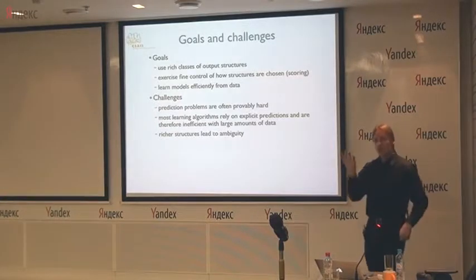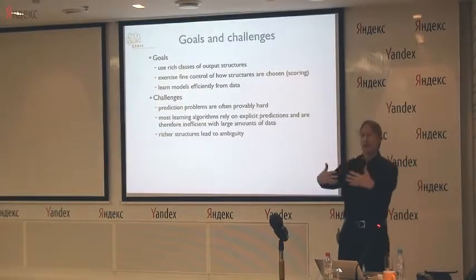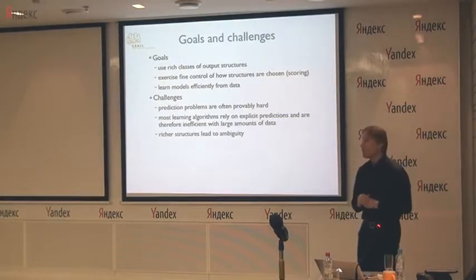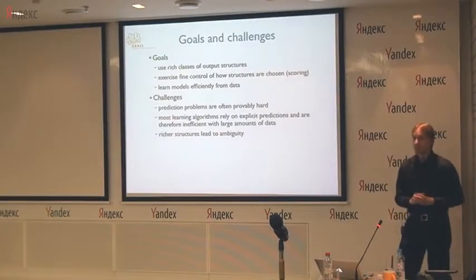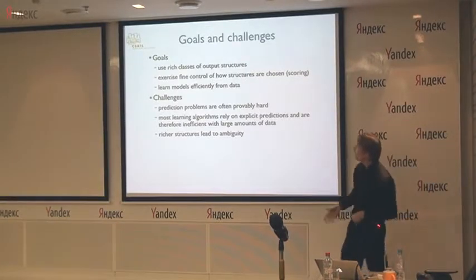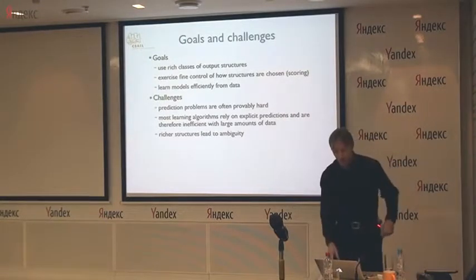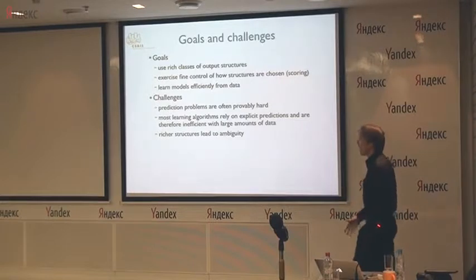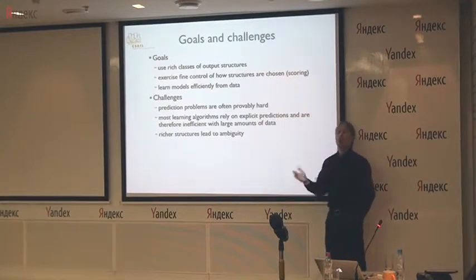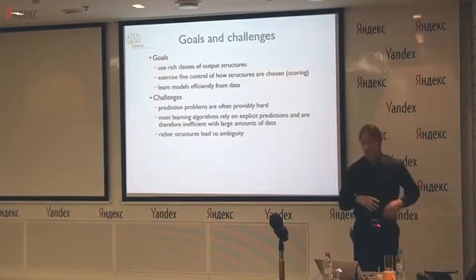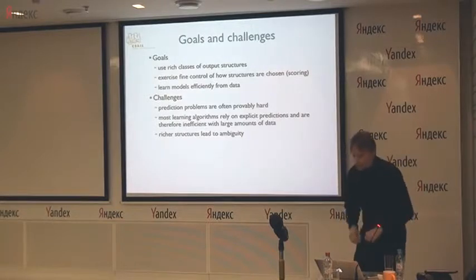So there's a lot of ambiguity about what exactly the prediction should be for any particular input. And I'm going to try to go over with some detail, hopefully conveying the intuition here, how we might be able to address all of these problems in order to make these methods more scalable.